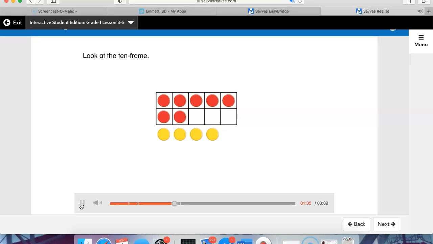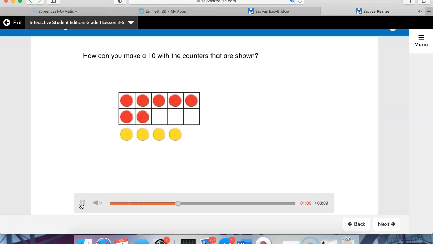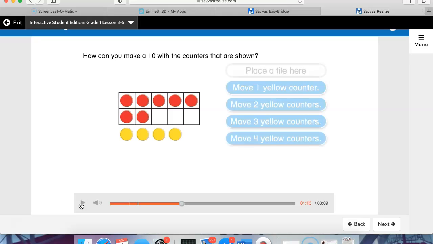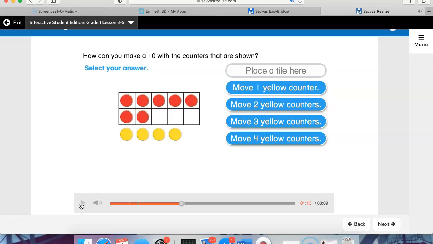Look at the 10 frame. How can you make a 10 with the counters that are shown? Select your answer. So how can we make a 10 with the counters that are shown?